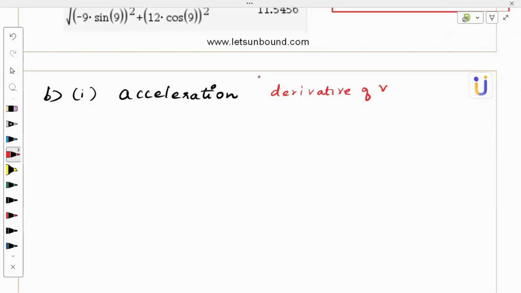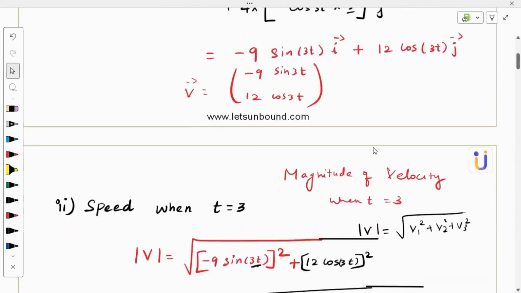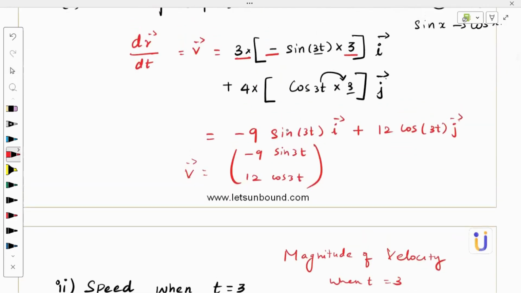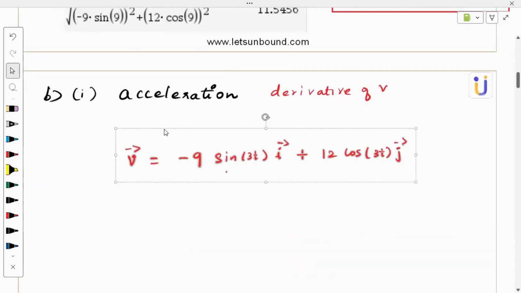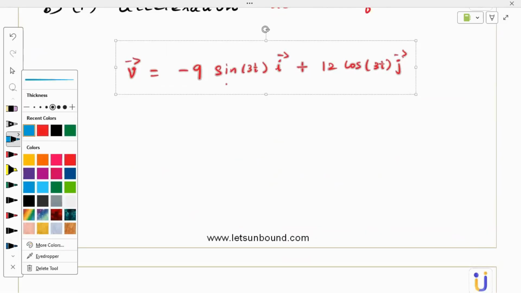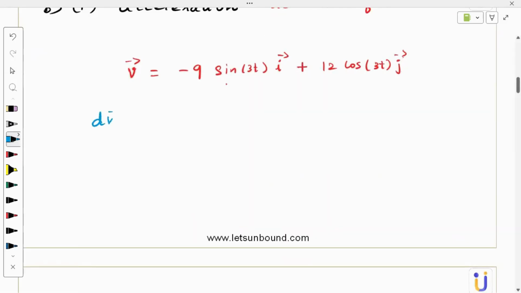I already know v, so you can take either one. Let me take the first one and differentiate it.